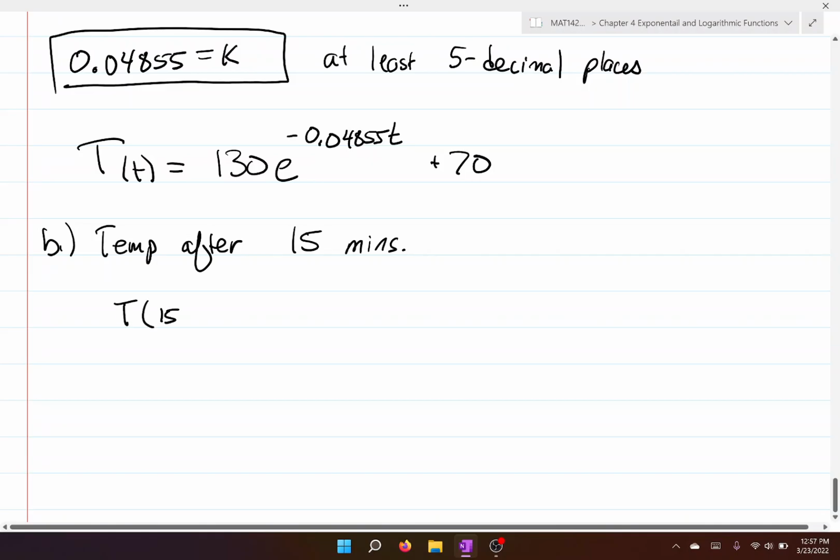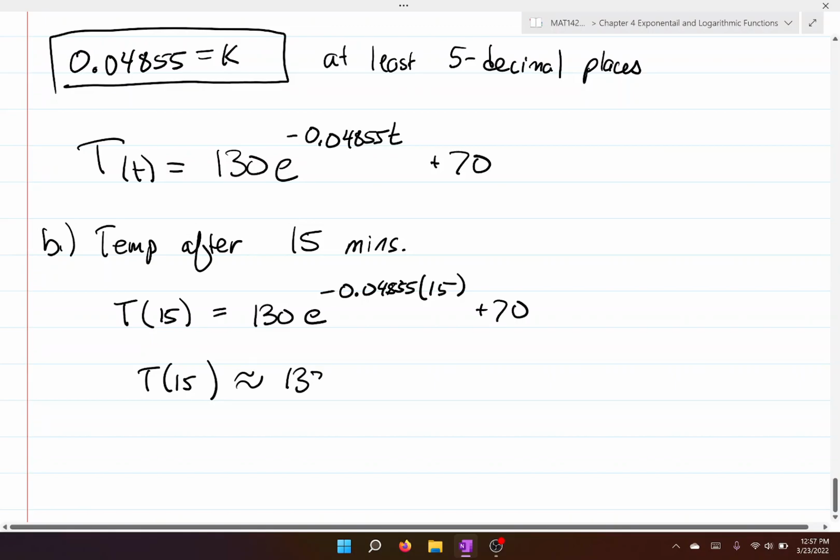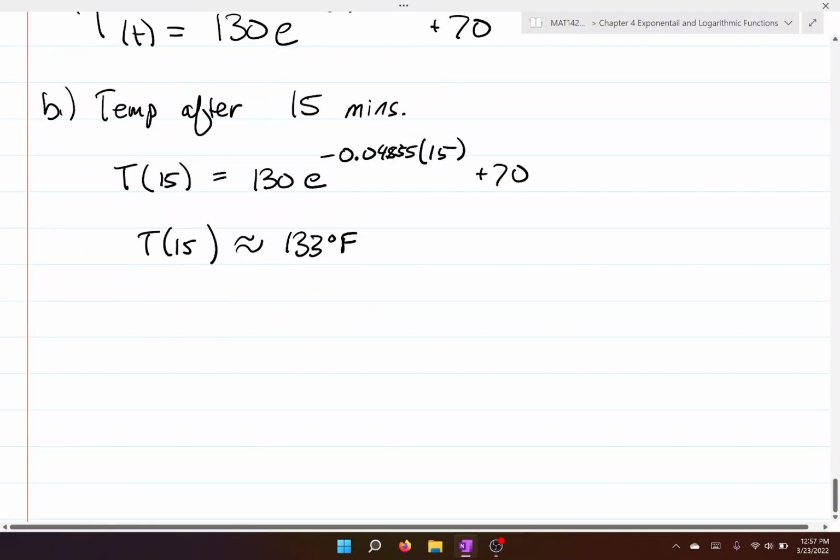So the temperature after 15 minutes is going to equal 130 e to the negative 0.04855 times 15 plus 70. So the temperature after 15 minutes is going to be approximately 133 degrees Fahrenheit. Now, you coffee aficionados, you could just let me know if that's a good temperature to drink. Like I said, I have no idea.